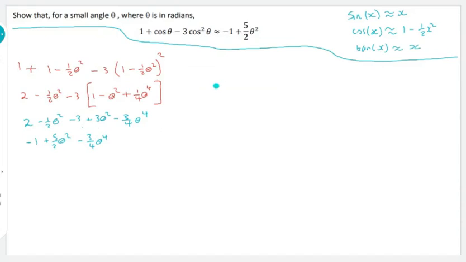Now, this is where the other bit is important to know, because we've got this extra minus 3/4 of theta to the power of 4. Because we have small angles, if you imagine a really small number, like 0.000000001, if you were to square that number, would the answer get bigger or smaller?